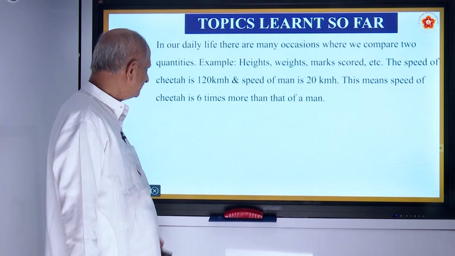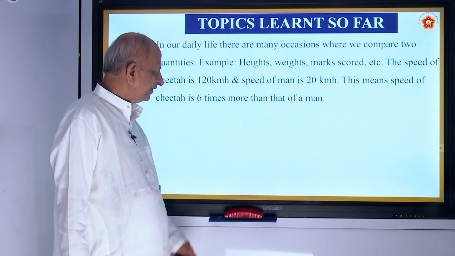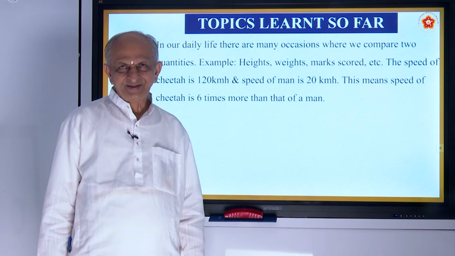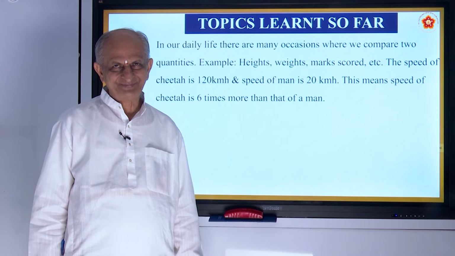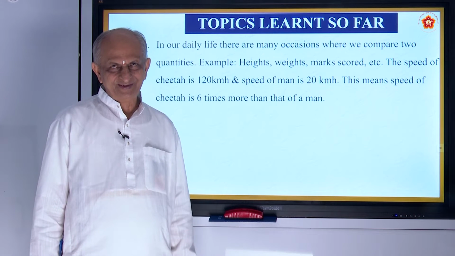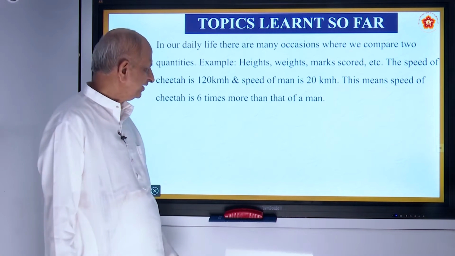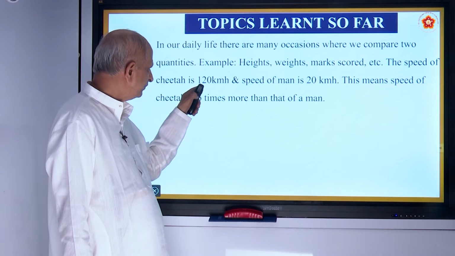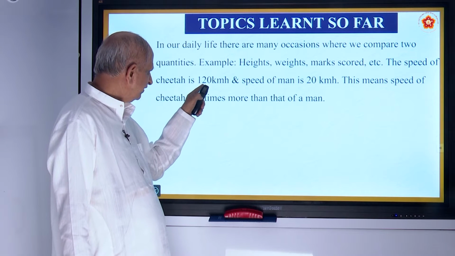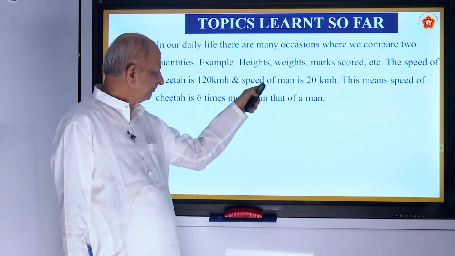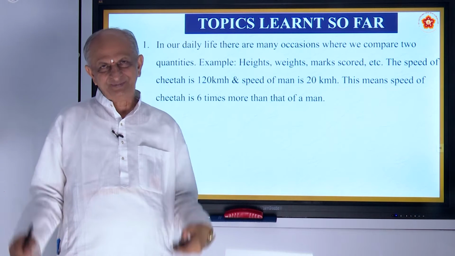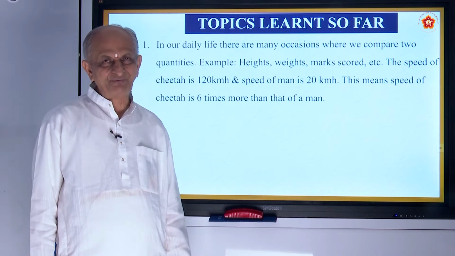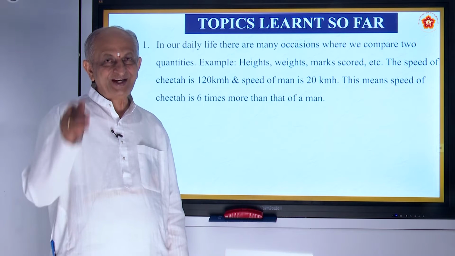The speed of cheetah, for example. What is cheetah? It belongs to the cat family, a big cat, ferocious. But a special quality of cheetah is it is the fastest animal in the world. So cheetah is 120 kilometers, and speed of man is 20 kilometers. Suppose there is a running competition between the two. Who will come first? Cheetah will come first.